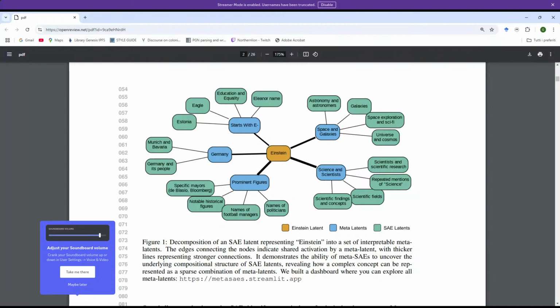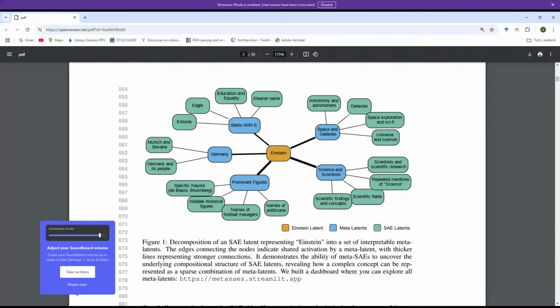And the reason that they do this is that they're trying to tackle this claim that SAEs are going to find atomic and complete. You can use SAEs to find an atomic and complete set of features that a model uses during its computation.